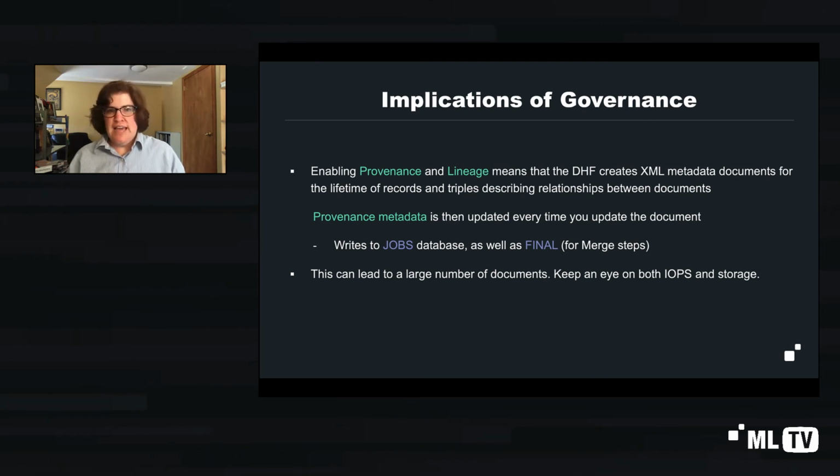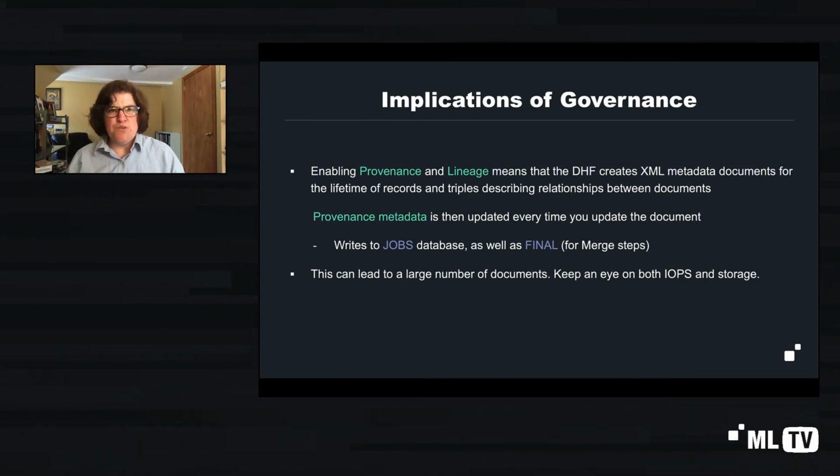And so every time you update a document, that provenance metadata also needs to be updated. So you're going to be writing to the jobs database and the final database. If you enable this, it's enabled, I believe, coarse-grained by default. If you enable it as fine, it could potentially lead to a very large number of documents, particularly in your jobs database.